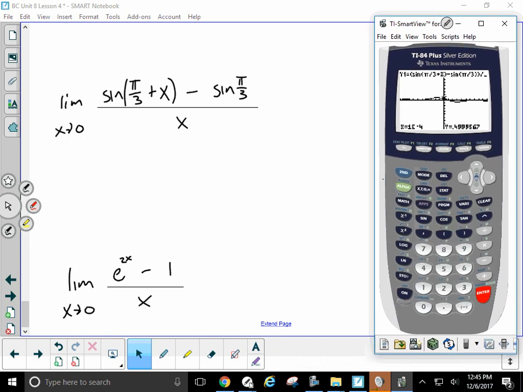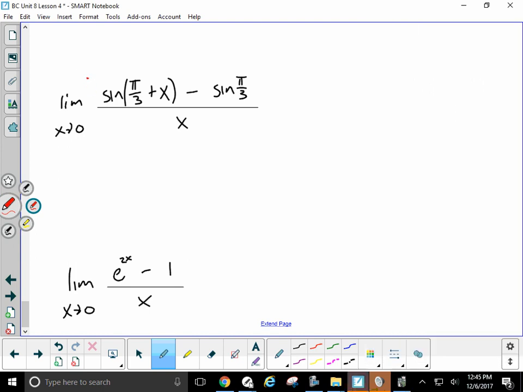Let's see. Try to plug in 0, but we've already done this. You get 0/0. So I'm going to take the derivative of the top and the bottom. I get cos(pi/3 plus x) times the derivative of pi/3 plus x, which is just 1, minus 0. Sine of pi/3 is just a number, root 3/2.